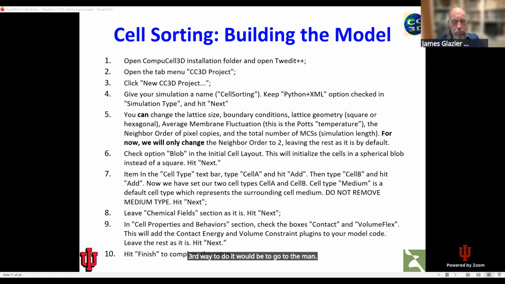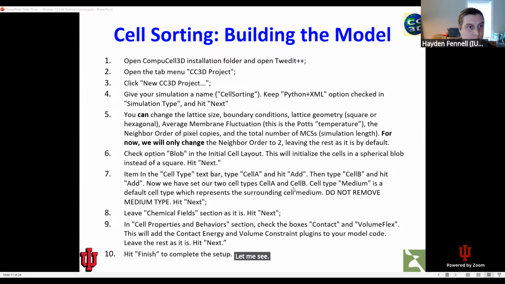For example, if you started out with uniform initializer and you want to switch to BlobInitializer, one way to do it would be to go to Twedit and say you want to change the initializer, and it'll give you a wizard page to do that. Another way would be to edit it by hand. A third way would be to go to the manuals and look up the page that describes BlobInitializer. Let me see if I can start CompuCell and demonstrate how to use the drop downs.